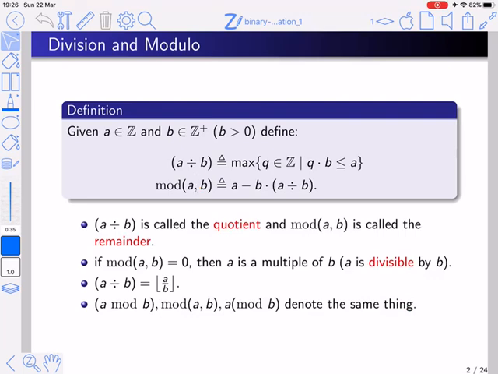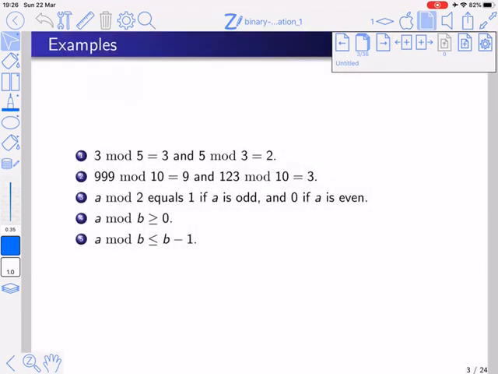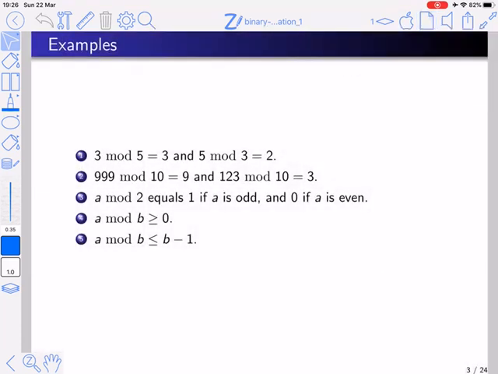Let's see a few examples. In the first example, we want to divide 3 by 5. The remainder when we divide 3 by 5 is 3, because the quotient is 0: 0 times 5 is less than 3, and 1 times 5 is greater than 3.